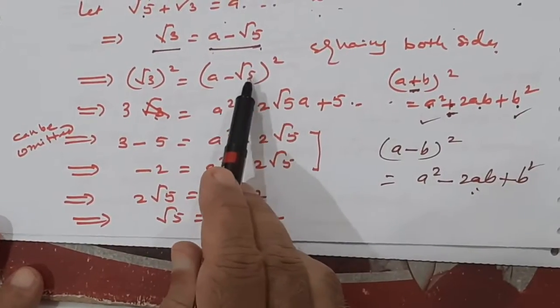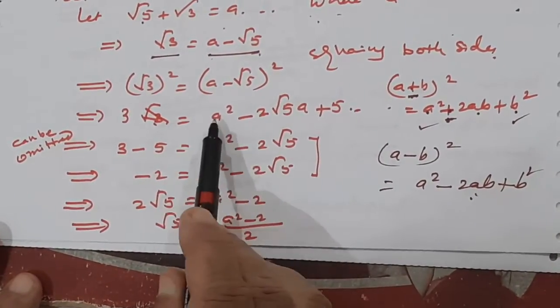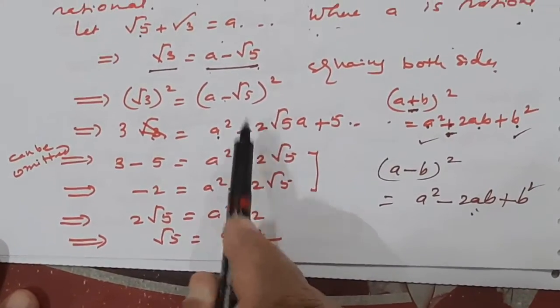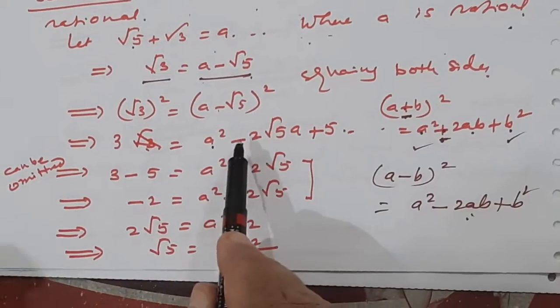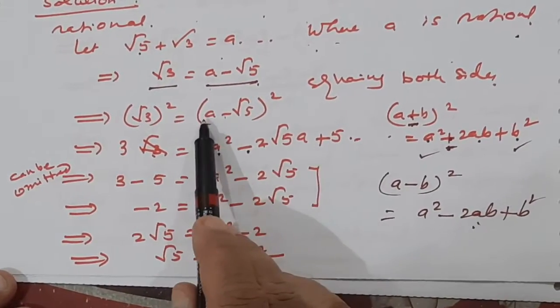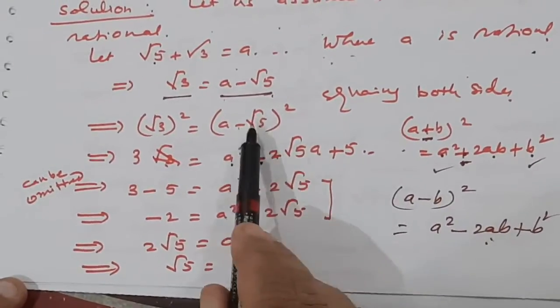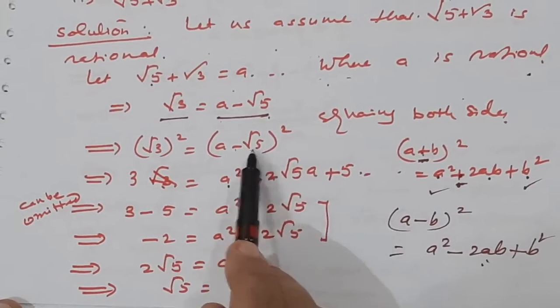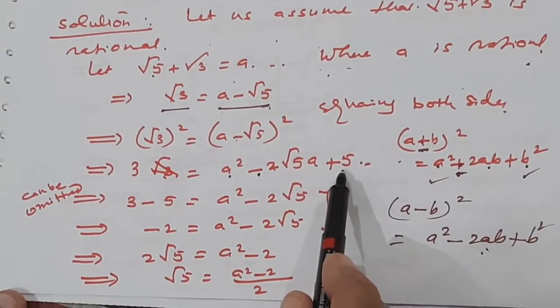So using the a minus b whole square formula, square of a, minus is here, so minus will be here, and 2ab means 2 into first term into second term. So 2 into first term is a, I have written here, and root 5. So 2 root 5, and square of root 5, that will be 5.